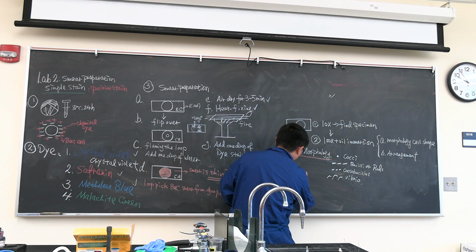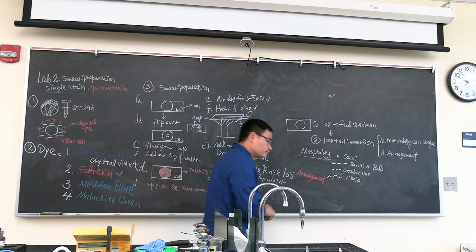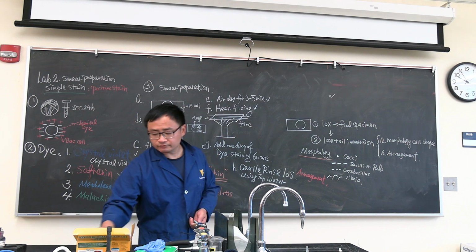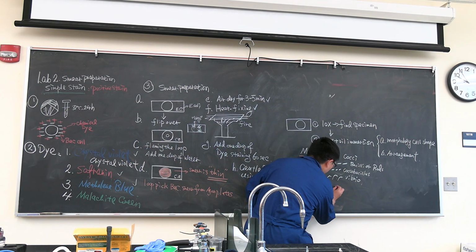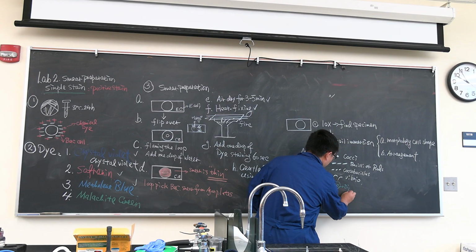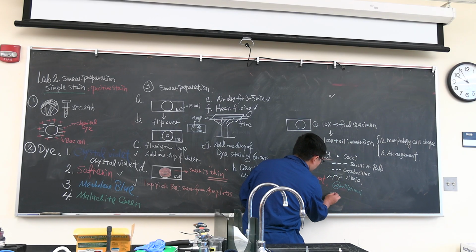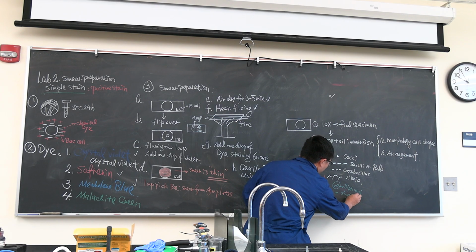What are the arrangements we're going to talk about? Arrangement is very important, especially when we move to exam 2, where we talk about all those pathogens. The arrangement is very typical for several human pathogens. For example, it could be two cocci stacked together, that's called diplococci. It could be just single rods.